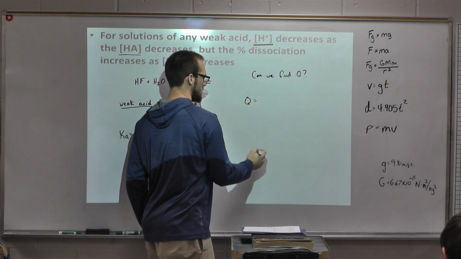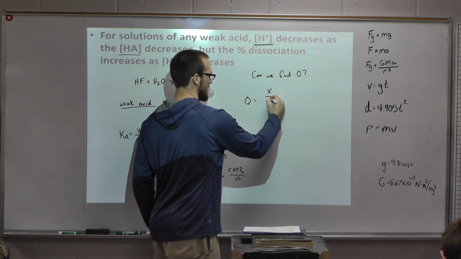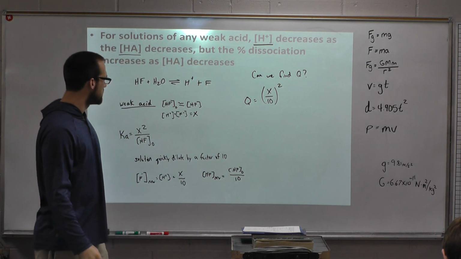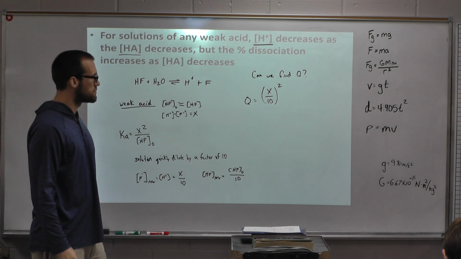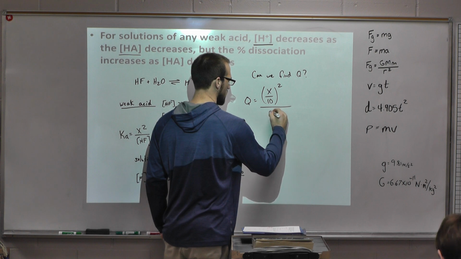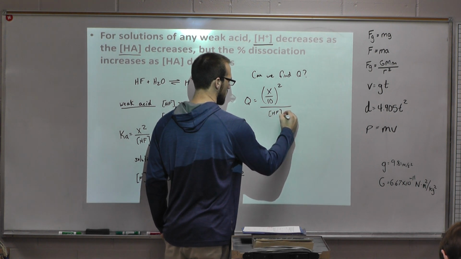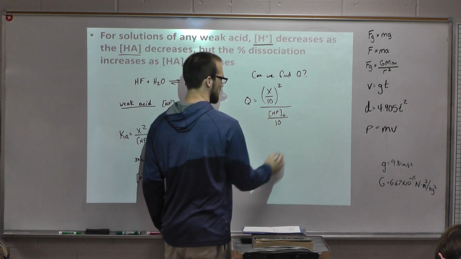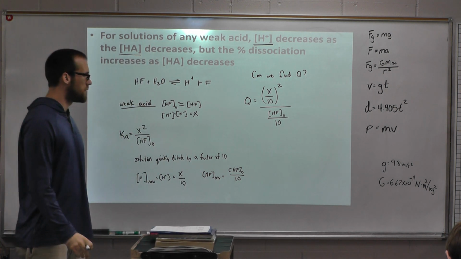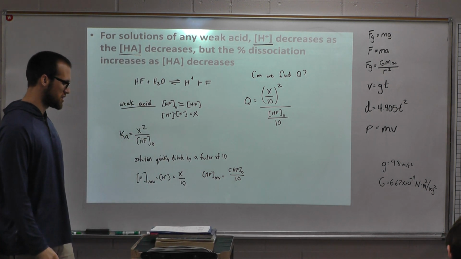So our new conditions would be X over 10 squared, over my initial concentration of my acid squared.